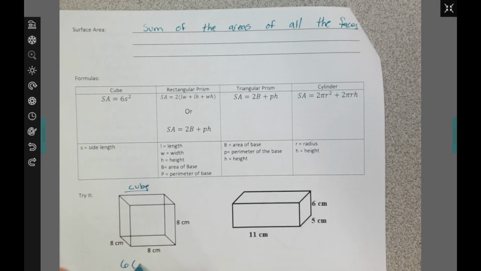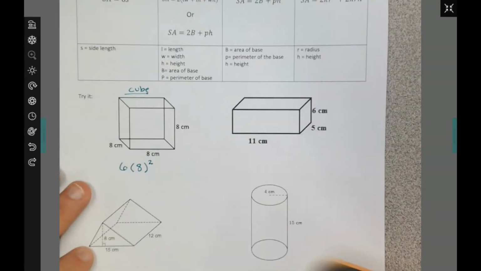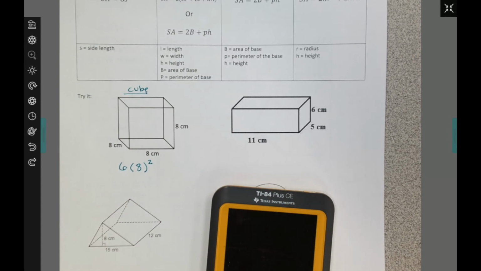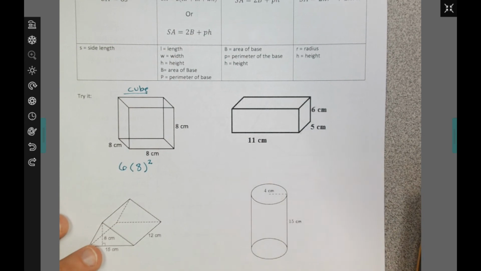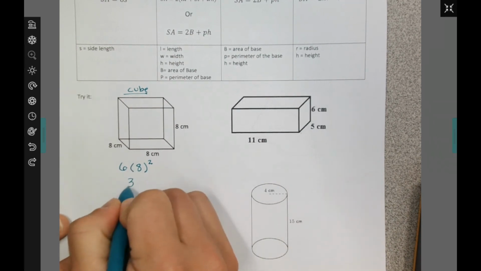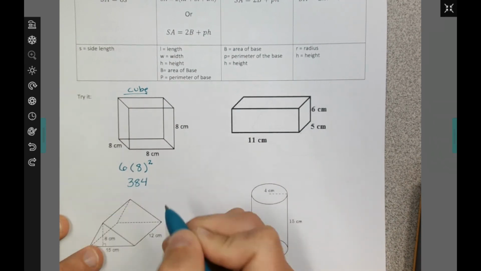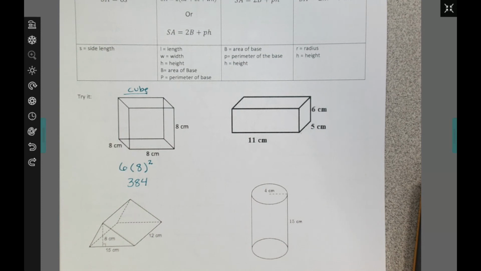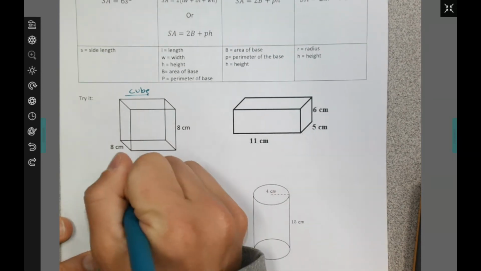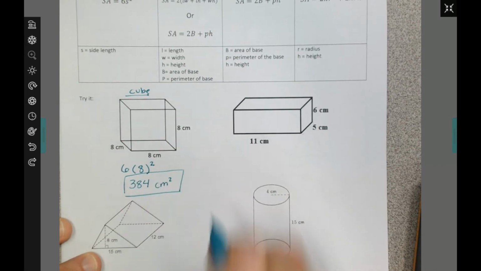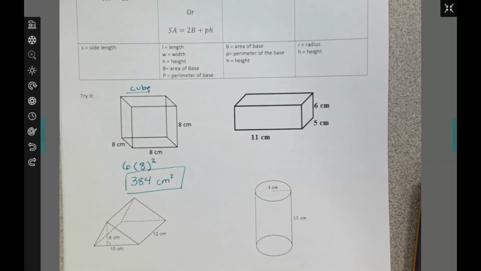So I'm left with 6 times 8 squared. Order of operations tells us we have to do the 8 squared first. So I'm going to put 6 times 8 squared in the calculator. Gives me 384. And since we are finding an area, we need to make sure that our units are square. So it's going to be square centimeters right there.